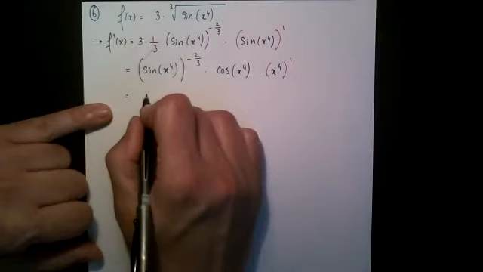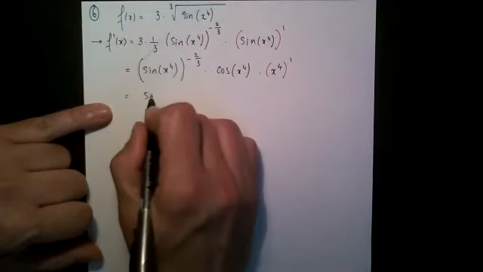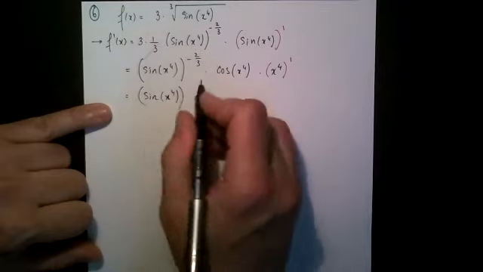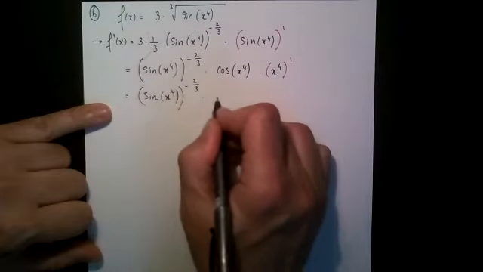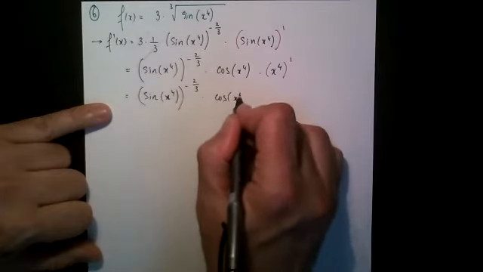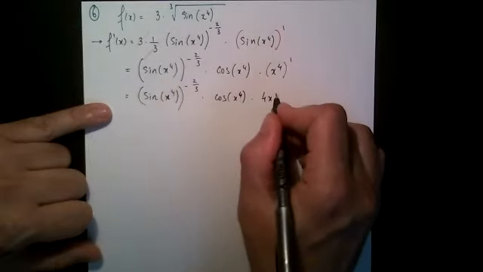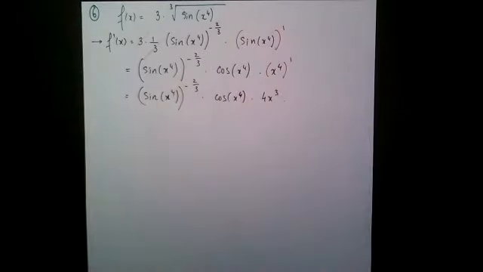And that's it. The rest is easy. So sine x^4 to the power of -2/3 times the cosine of x^4 times 4x^3, and that's my answer.